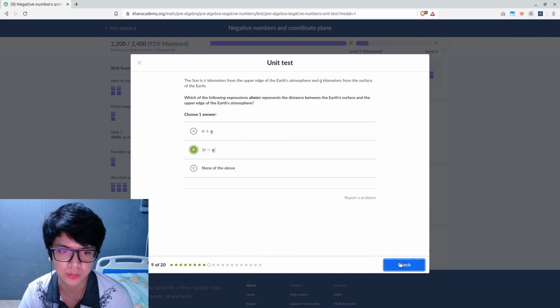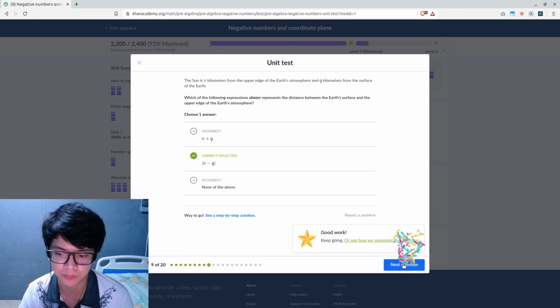Oh my god, this could be wrong, but I don't know. This is the formula for the distance between 2 points, so yeah.